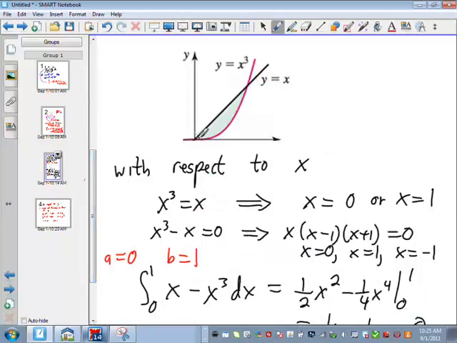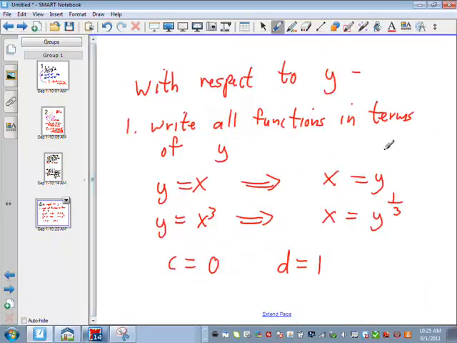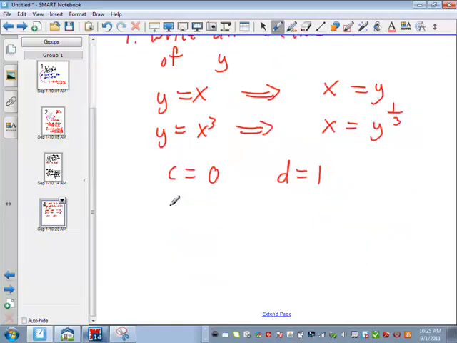All right, so y is going from 0 to 1. Again, you get it the same way: set these equal to each other and solve. So y equals y to the 1/3 when c is 0, d is 1, and also when y is -1.